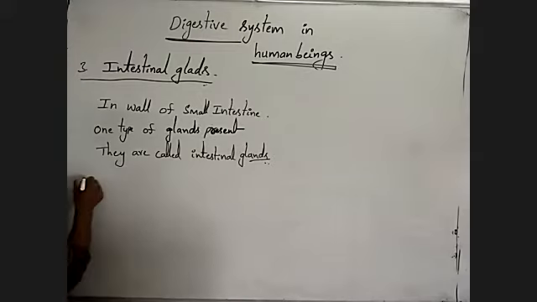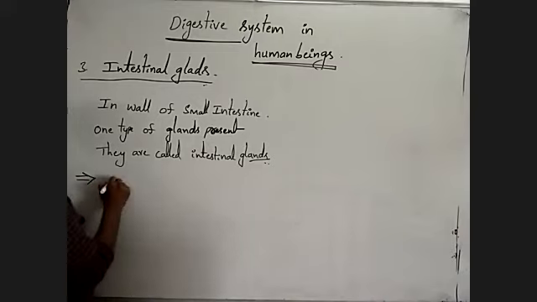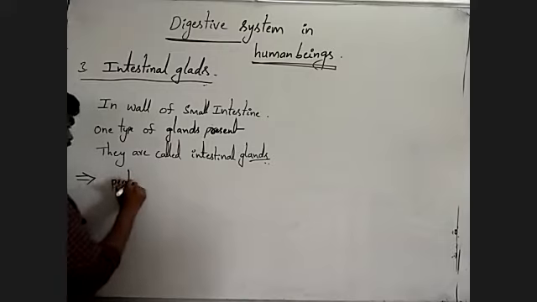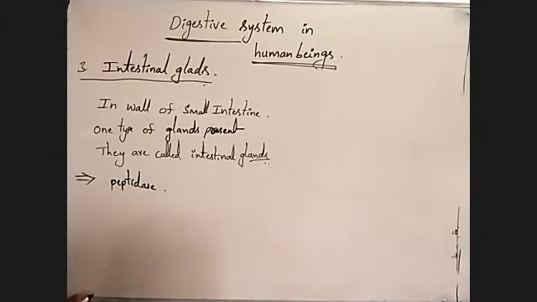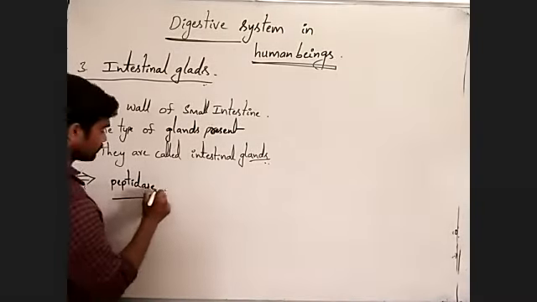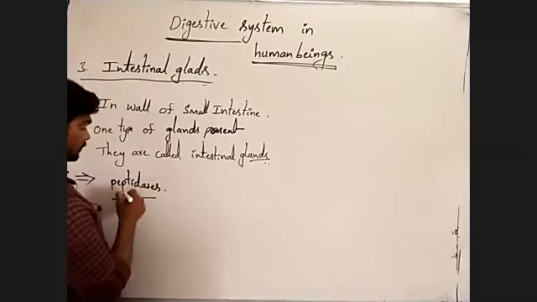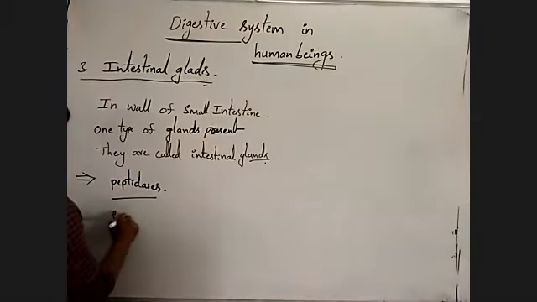Next, the enzymes present in these intestinal juices. Intestinal glands release two important types of enzymes: peptidase and sucrase.